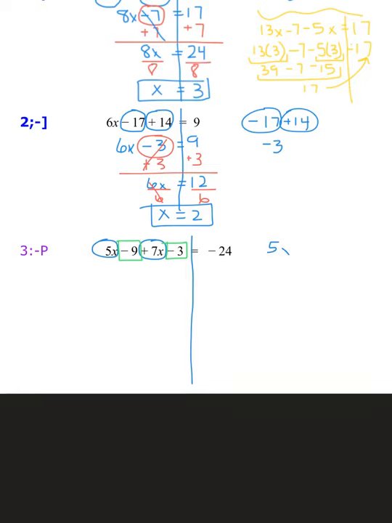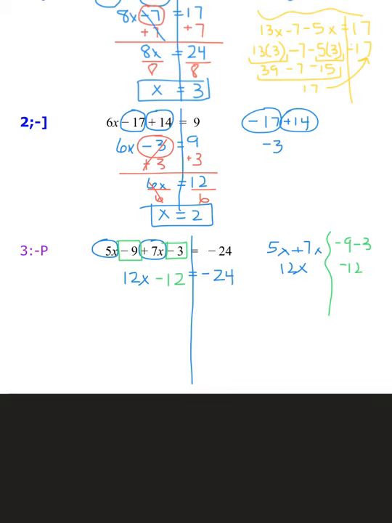So combine my x terms: 5x's plus 7x's makes 12x's. Then my numerical terms, negative 9 minus 3. So same signs, that would mean I add, keep the sign the same, negative. Put it back together to my equation, so that would be 12x minus 12 equals negative 24.